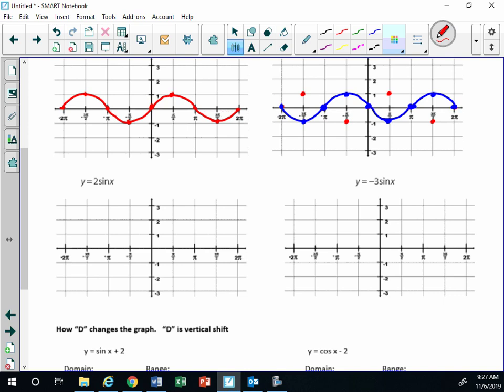All right, let's try the second one here that says y equals 2 sine of x. Again, I'm going to start with parent graph dots. Especially right now, guys, it's helpful if you plot them every time so that they become just automatic for you.